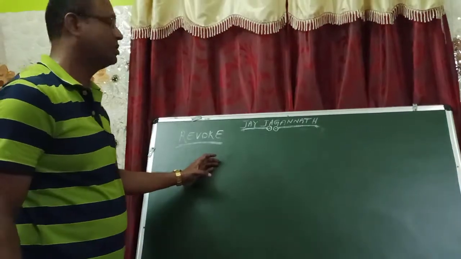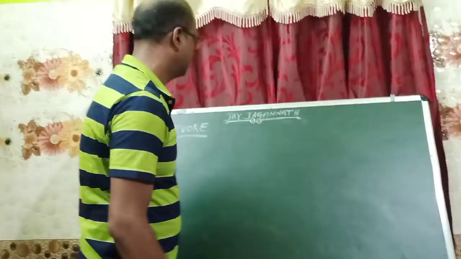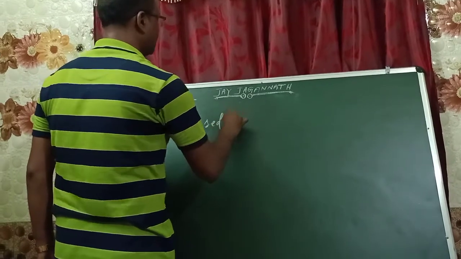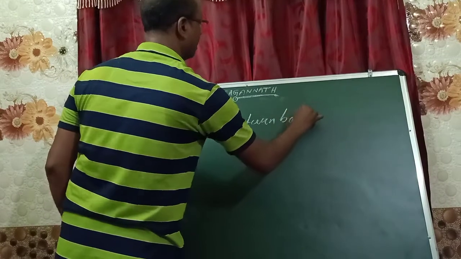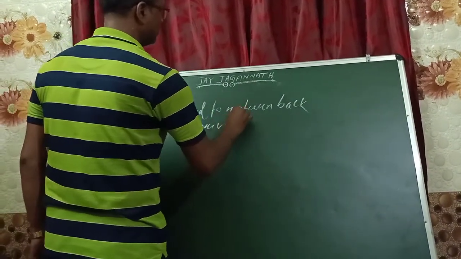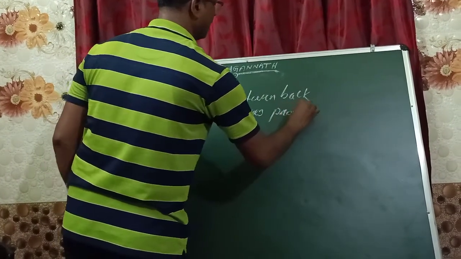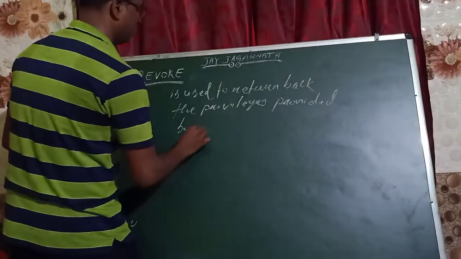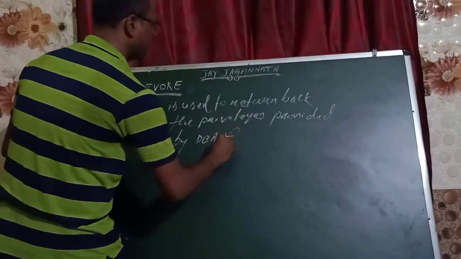The revoke command is used to return back the privileges which are provided by the grant command.